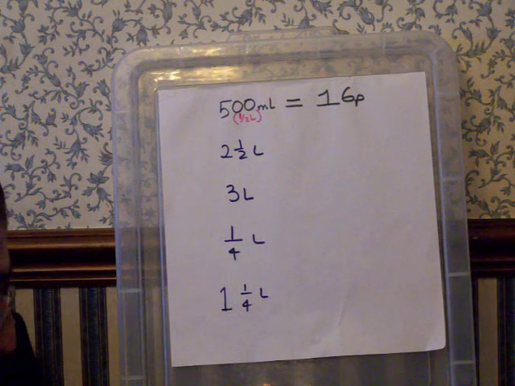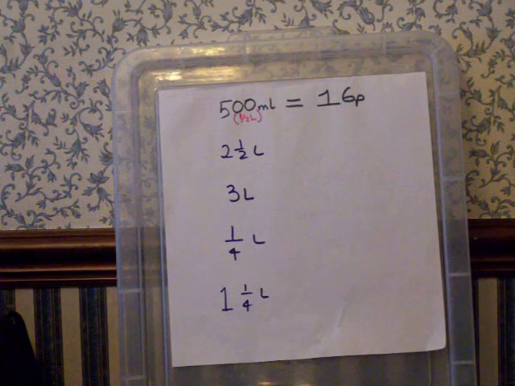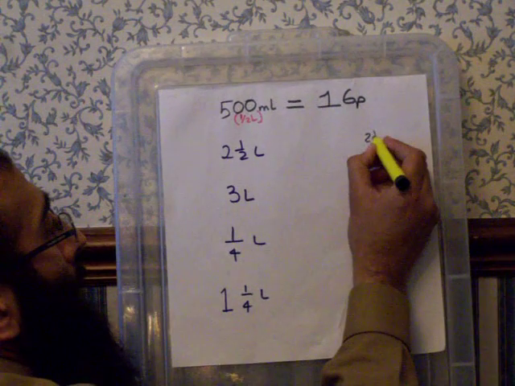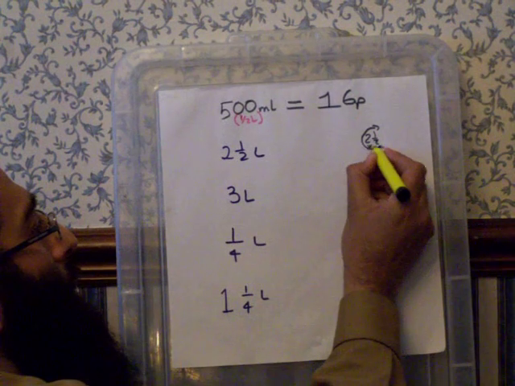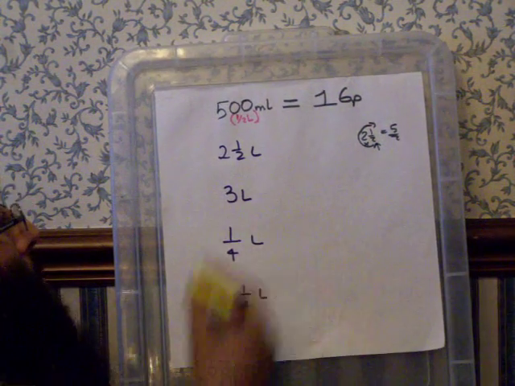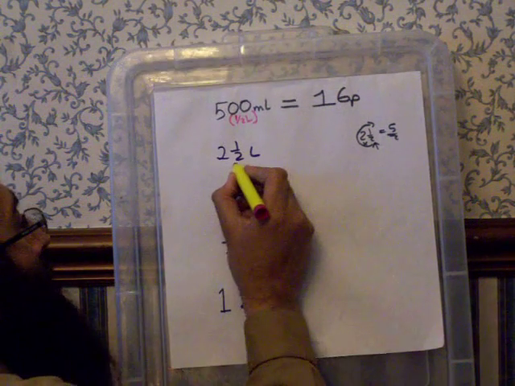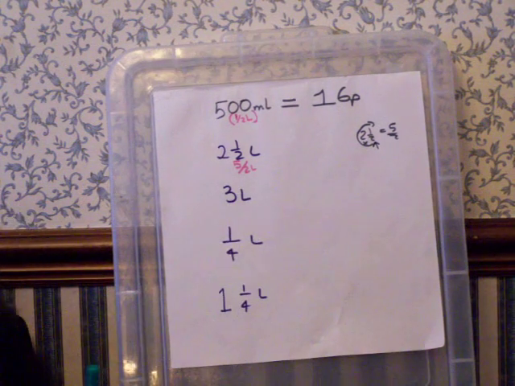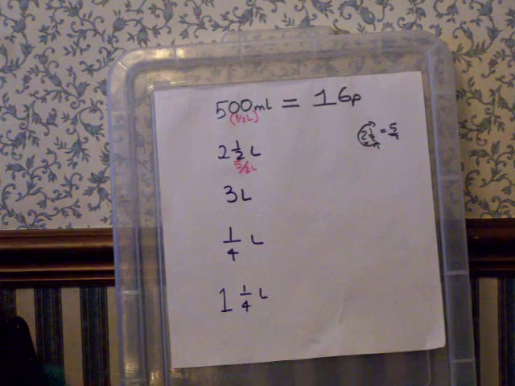Okay, now we need to change 2.5 litres into halves. So, Mr. Moyies, how do we change 2.5 litres into halves? You have 2.5, we start from the bottom, we multiply and add. 2 times by 2 is 4. 4 add 1 is 5. 5 halves. So 2.5 litres is really 5 half litres, yeah? Good. Right. Since we're talking about halves, how many halves are there in 3?